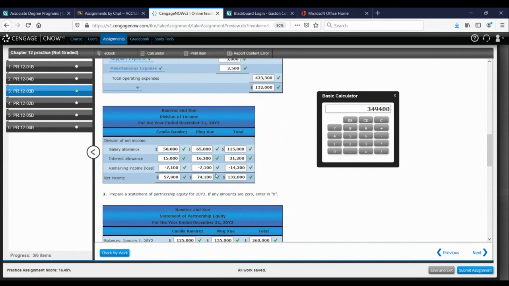But I've already told you how to do the calculations. I just want to show you something extra that you have to look at. So right now I'm going to stop sharing this Cengage problem with you, and I'm going to share with you again. And this time I'm going to let you look at your spreadsheet for just a second.